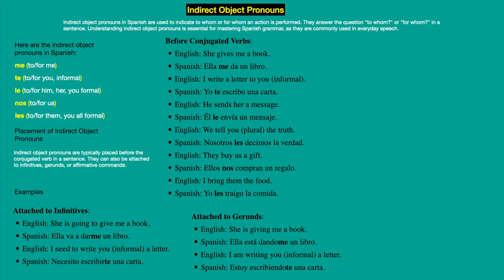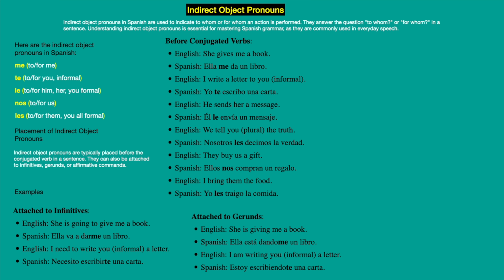Escribiéndote una carta. If you are not really clear about using the ing in an expression, I recommend you see one of our earlier lessons, where we already clarified that.